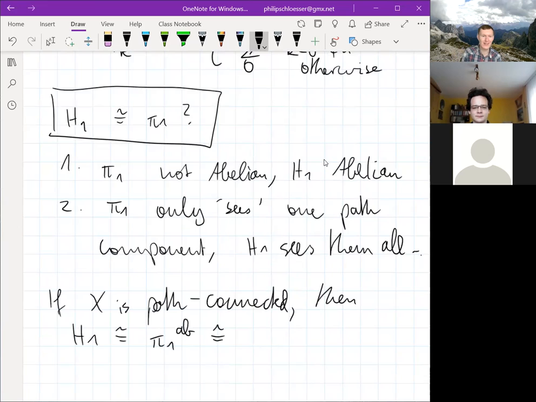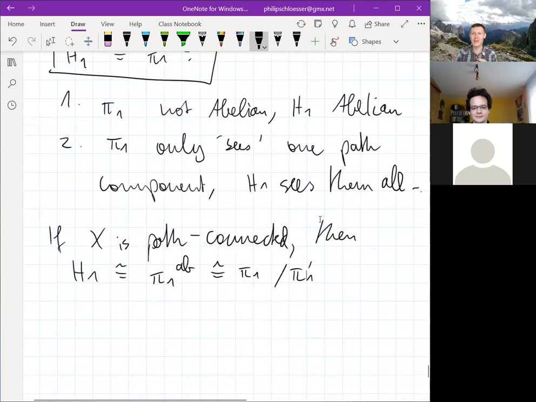And what is that? Well, this is the most general abelian group obtainable as a quotient of pi1. It is pi1 divided by its first derived group, meaning you just take all of the commutators and then set them to 1, basically.